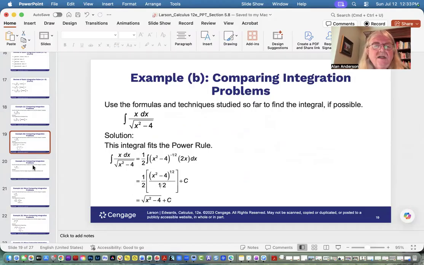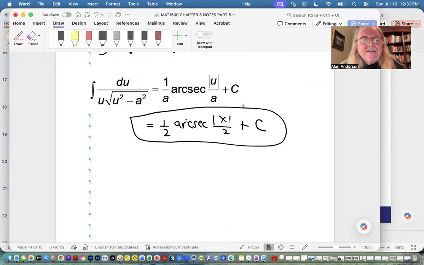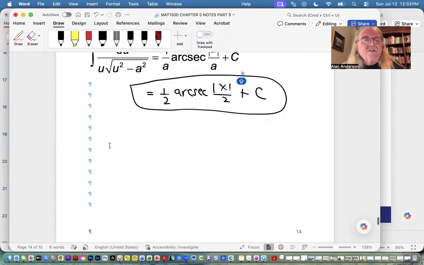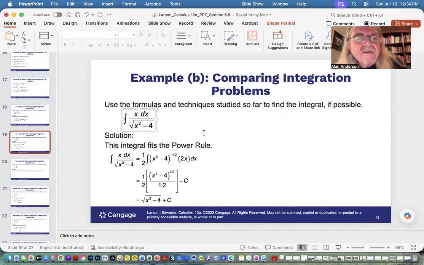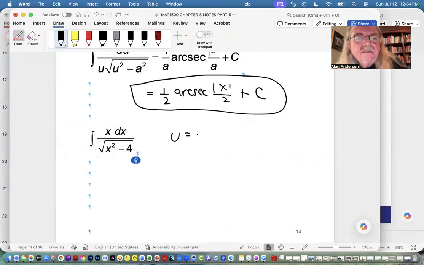What about this one? Ah, they tricked us with this one because we don't need any trig functions. If you let u, I think they mean for us to let u be x squared minus 4.